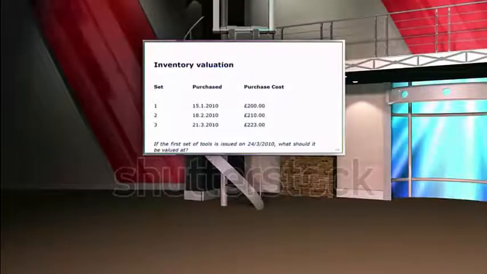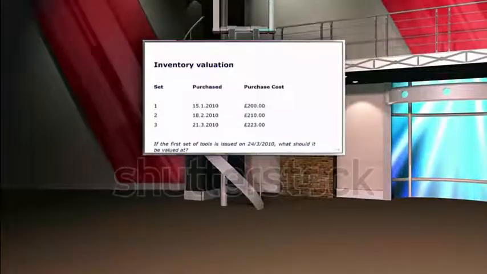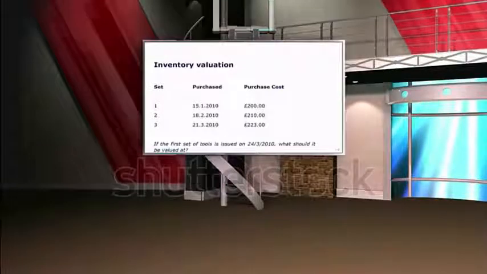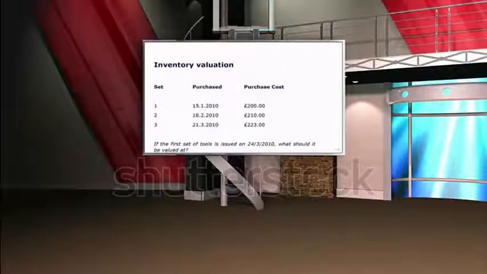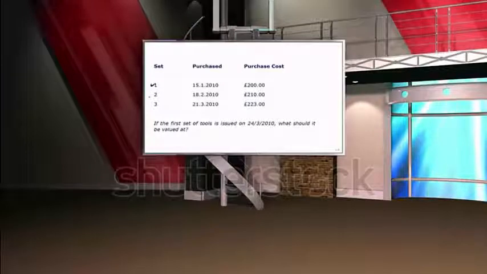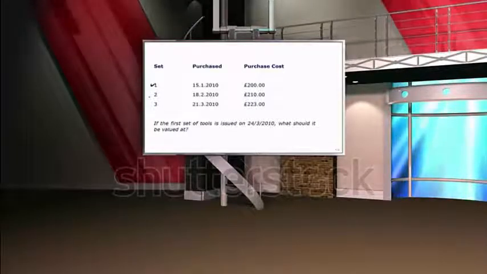Let's look at a straightforward example. So, suppose a company uses a particular material in their production process and it purchases 3 units of this material throughout the first 3 months of the year.